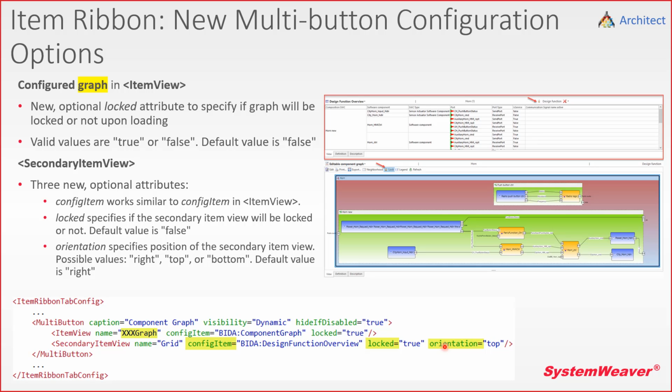So this is what it looks like with your secondary view here and your primary graph view here. And when we get to the introduction of editability in the graph, you'll see that this goes hand in hand with editing in the graph for a lot of use cases.